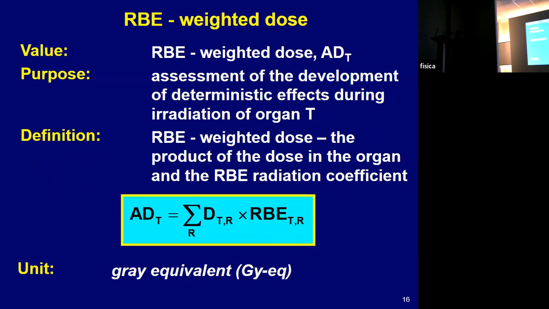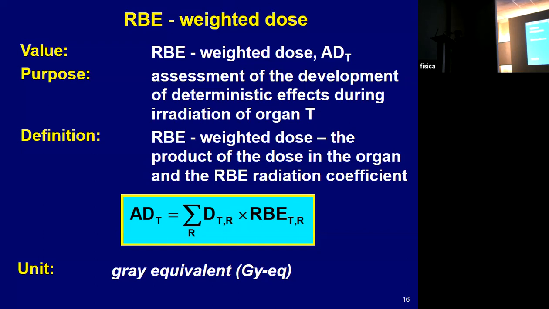The characteristics of radiation, like the absorbed radiation dose of the organ and the coefficient of relative biological effectiveness RBE, are presented in the formula shown in the slide in the form of a product, which is called the RBE weighted organ or tissue irradiation dose. The RBE weighted dose is designed to assess the risk of developing deterministic effects of radiation, taking into account the influence of the radiation quality and radiosensitivity of the irradiated organ on the process.